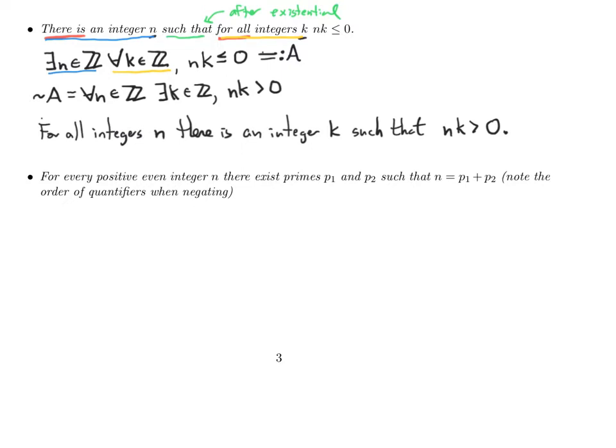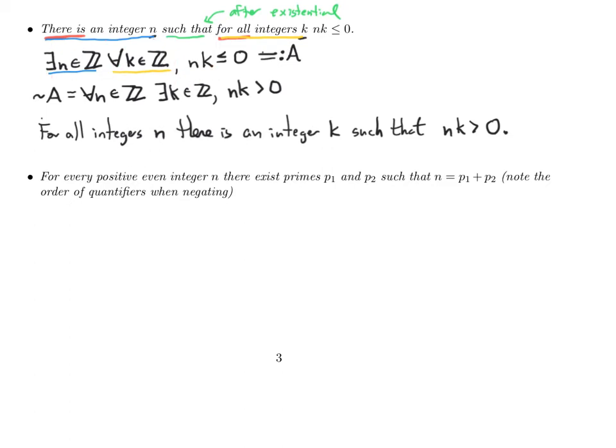Again, it's instructive to ask yourself, which is true? Is the original statement true, or is the negation of the statement true? Is it true that there is an integer n, such that once you find that integer, it doesn't matter what the other integer is?